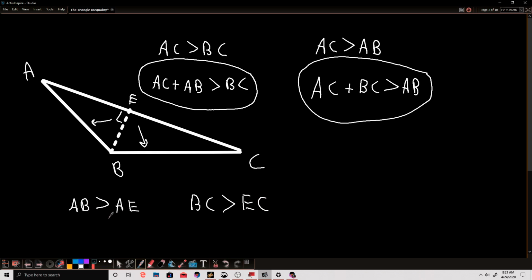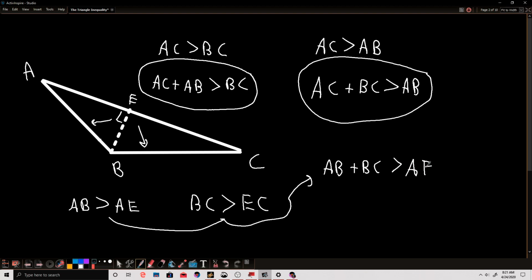And if I add these two inequalities together, we get the following, that AB plus BC is strictly greater than AE plus EC.